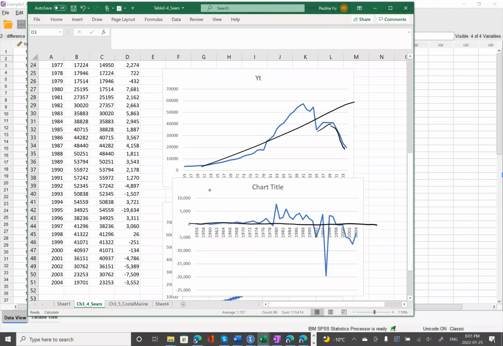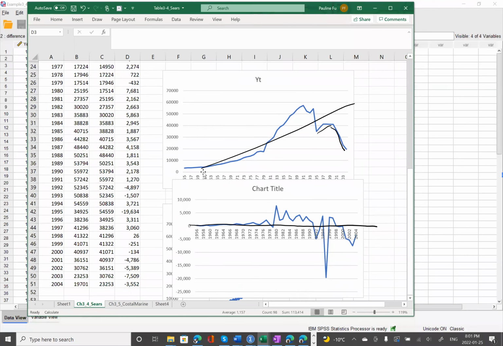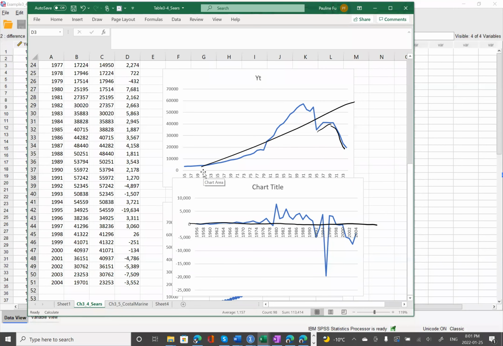By doing the difference, I effectively eliminate the trend. So that is the revenue data. This is from sales. Any questions?